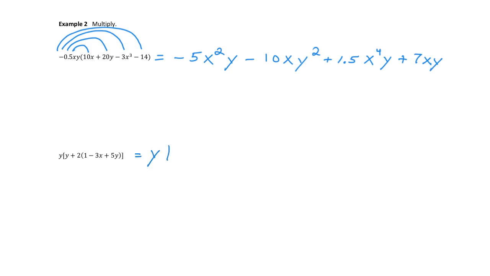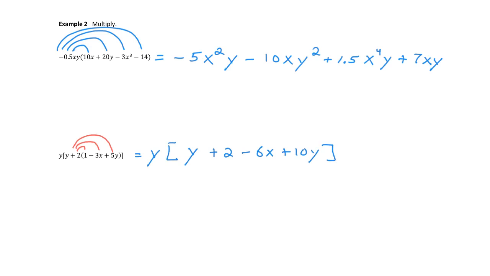I'm leaving that y outside the bracket alone, and I have this y, now I have a plus 2. This 2 is being multiplied to 1, negative 3x, and 5y. It's a positive 2, which means the sign is not going to change on each term. 2 times 1 is 2. 2 times a negative 3x is a negative 6x. And 2 times 5y is plus 10y.